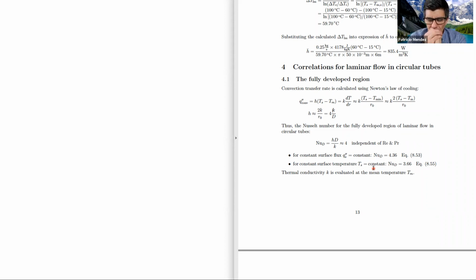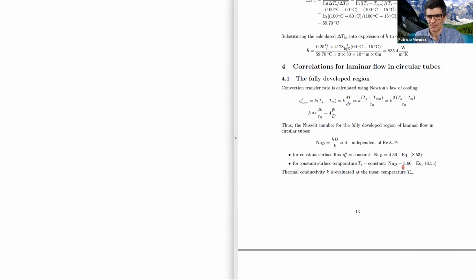And we see the same story repeating here again. We have 2 numbers that are quite similar. The boundary conditions are different, but the transport of heat by thermal diffusion is very similar. So this number 4 is something good to keep in mind, but we know the exact numbers would be 4.36 or 3.66. So similar, right?